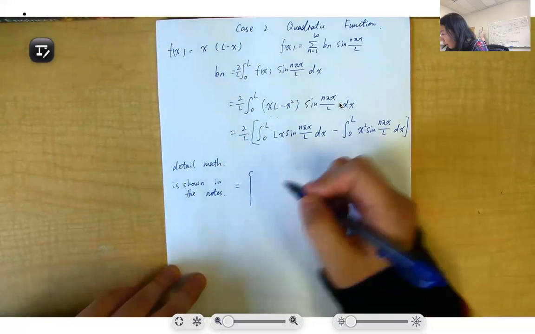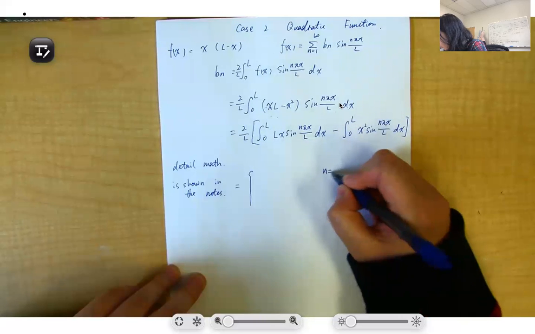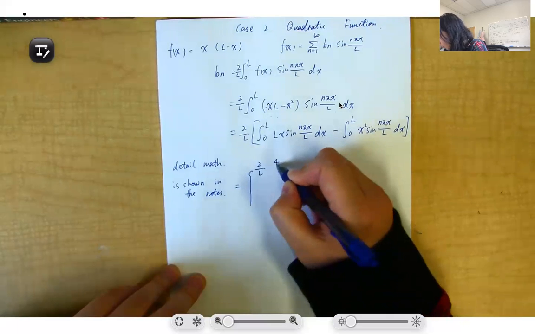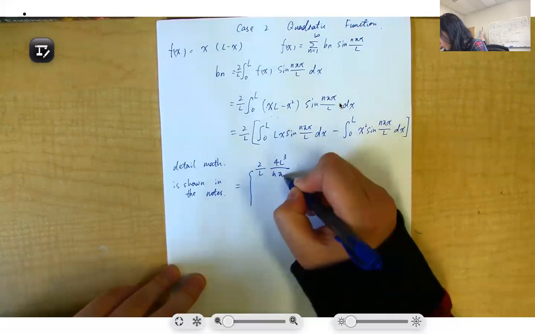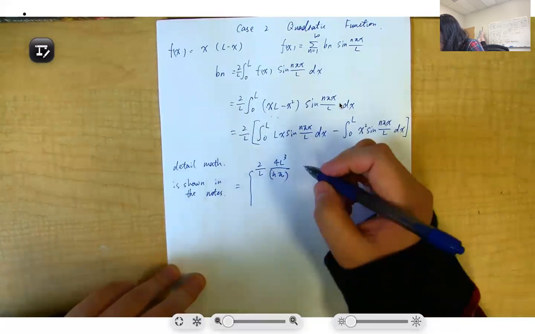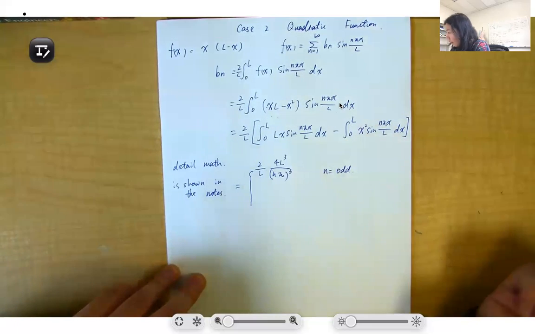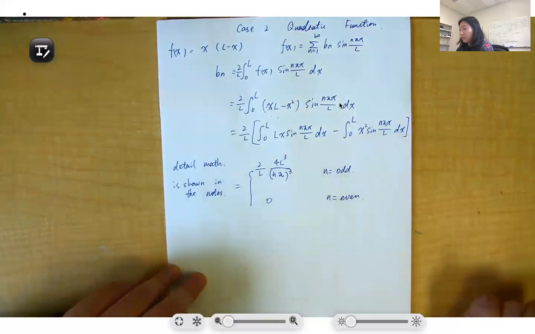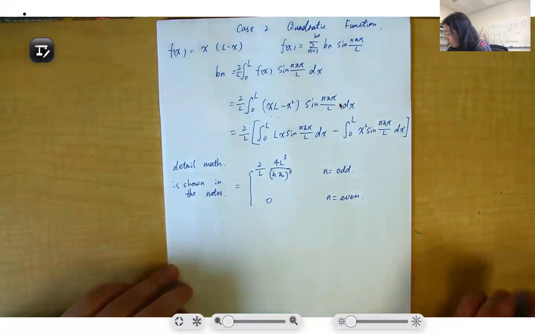So when n is an odd number, Bn will be 2 over L times 4L cubed over (n pi) cubed. Well, when n is even, Bn will be equal to 0. Okay, so this is for the Bn.